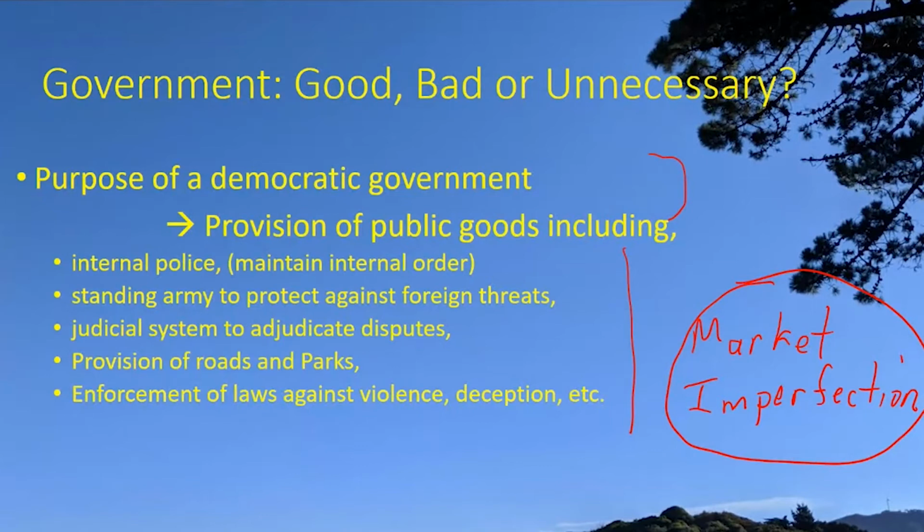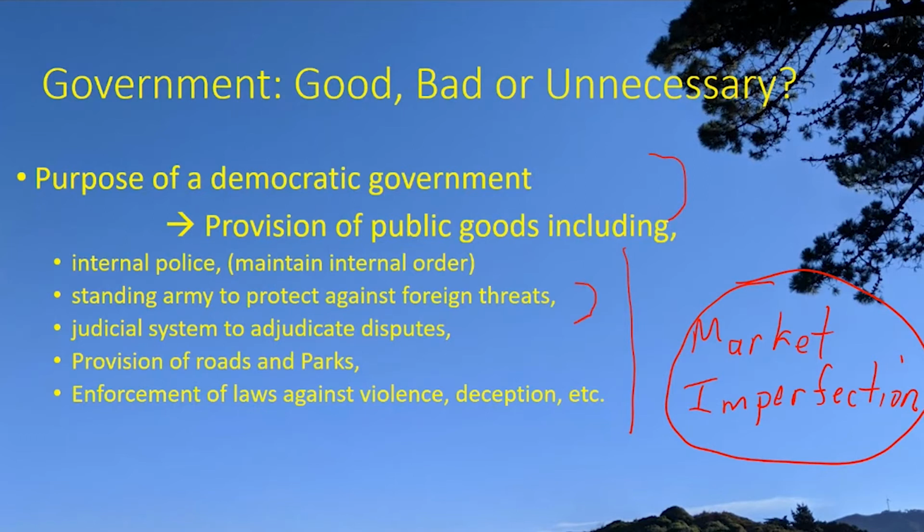Markets will work more efficiently, and we'll get more happiness spread out to more people, if people follow these ethical principles. One way we induce people to behave in that way is by having something like an internal police force that maintains internal order.